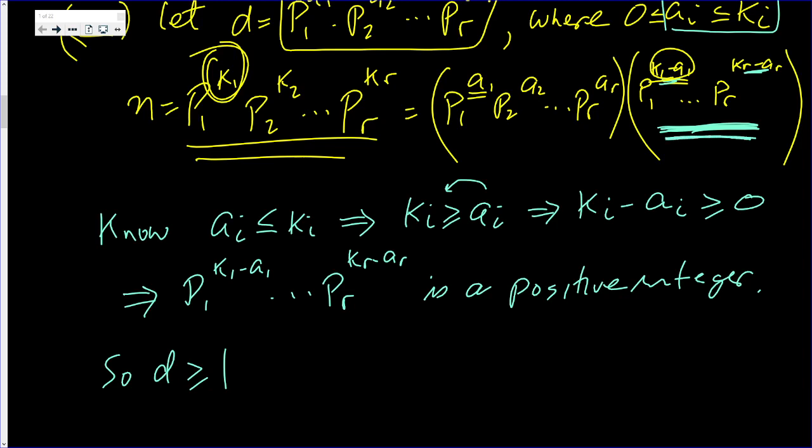At worst, remember, every prime is 2 or more. And if all the powers are 0, you're going to get 1. If some of the powers, even if just one of the powers is bigger than 0, you know, if the bases are 3, 5, 11, 23, 37, if all the powers are 0, then you'll get 1.